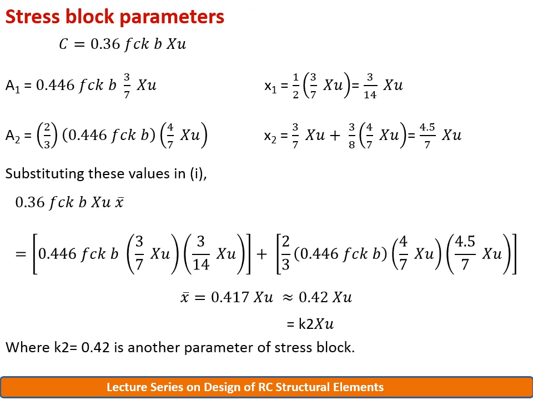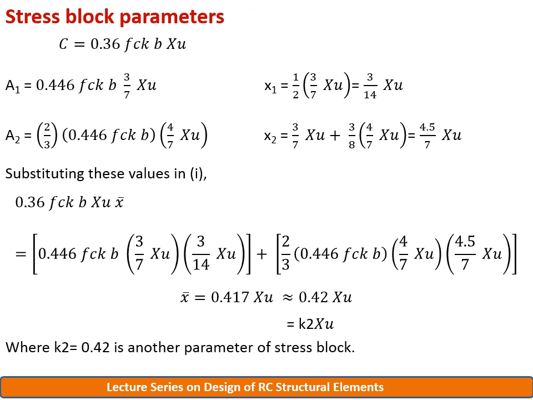So now let's find the values. A1 is the area of the rectangular portion, A2 is the area of the parabolic portion. We used these two values while calculating the first stress block parameter, and the C value is calculated, that is 0.36 FCK B into XU.